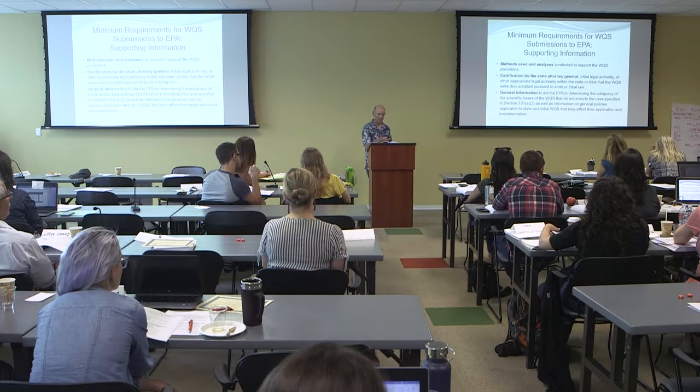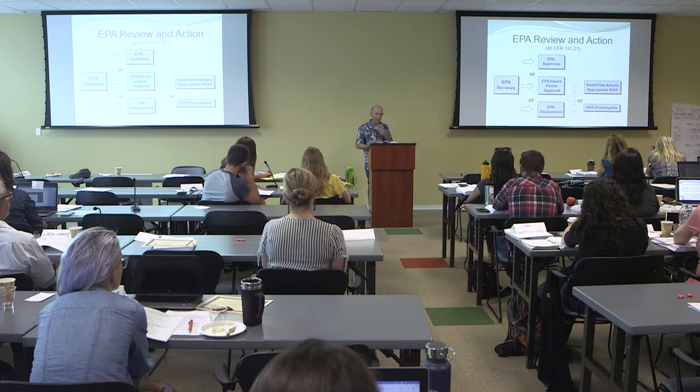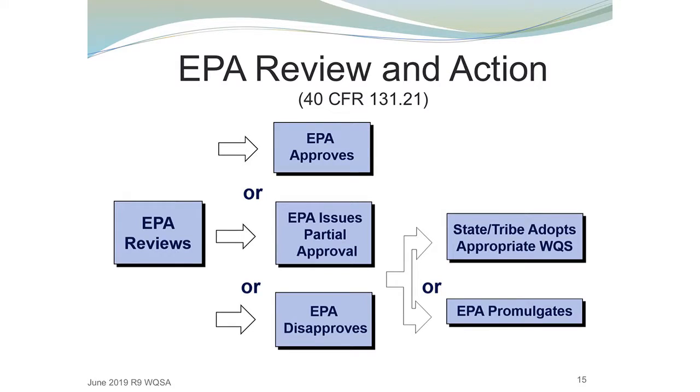I think I went through the slide, right? So this is a schematic of our action. We get a package. We have 60 days to make a decision about whether we're going to approve or disapprove.